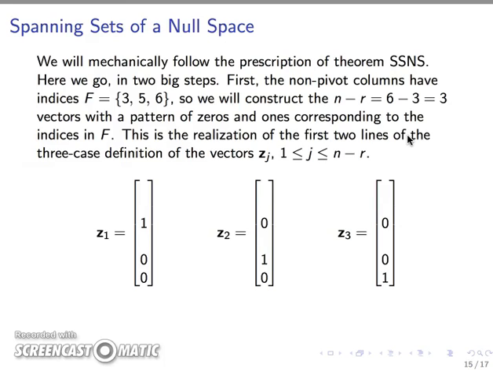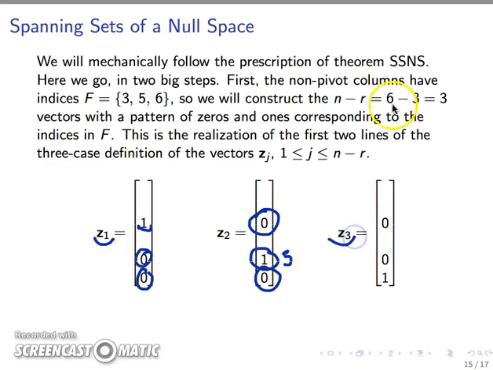This is the first part that we read from that theorem. Each vector contains ones and zeros, and since we're working with these indices 3, 5, and 6, the first vector is going to contain 1 on position 3 and zeros on positions 5 and 6. The next of the z vectors is going to contain 1 on position 5 and zeros on the other positions, 3 and 6.